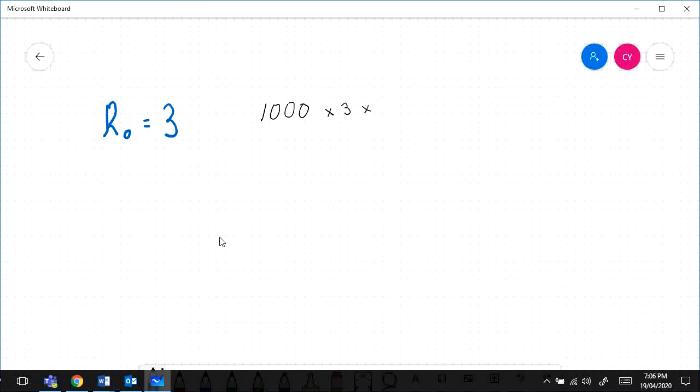And then for the second day of the spread, third day of the spread, I just keep multiplying by 3 all the time. And then you can figure out using that how many people are newly infected on a given day.